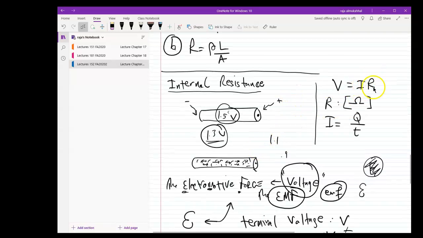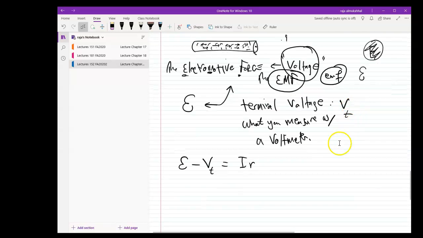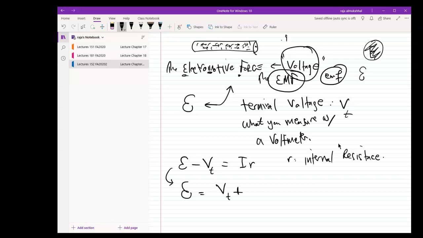It's I big R for the resistance, but because it's internal resistance, we refer to it as I with small letter r, where small letter r is the internal resistance. Okay? So the EMF is basically, if I'm using this formula, equal to the terminal voltage plus Ir.